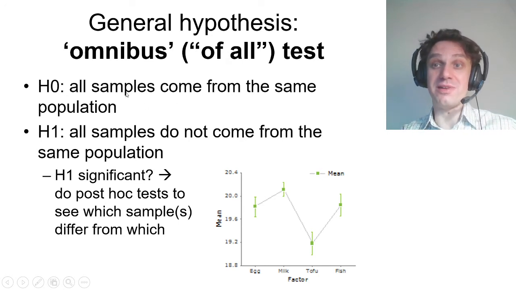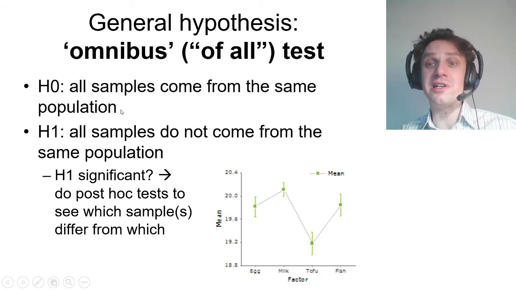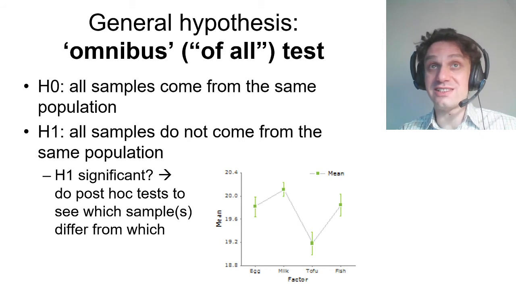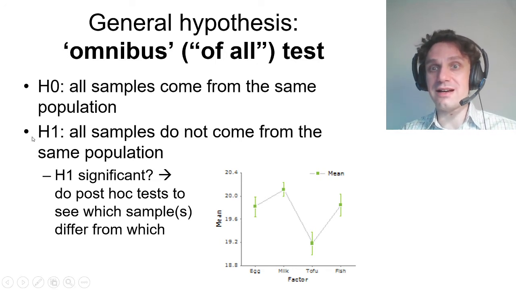If your p-level is not significant, you can assume that there are probably no differences between those groups or between those time points. But if your significance level is good enough, you can conclude in favor of H1 that maybe all of these samples do not come from the same population.